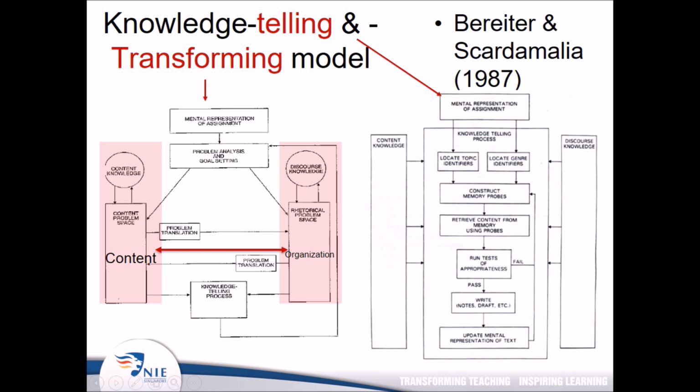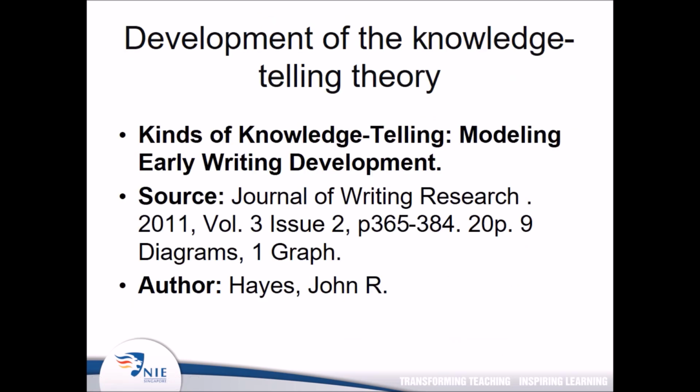So you create something new. Therefore, the knowledge transforming model of Bereiter and Scardamalia assumes that one way of producing knowledge is writing, and I think that's really brilliant, and I like that idea.